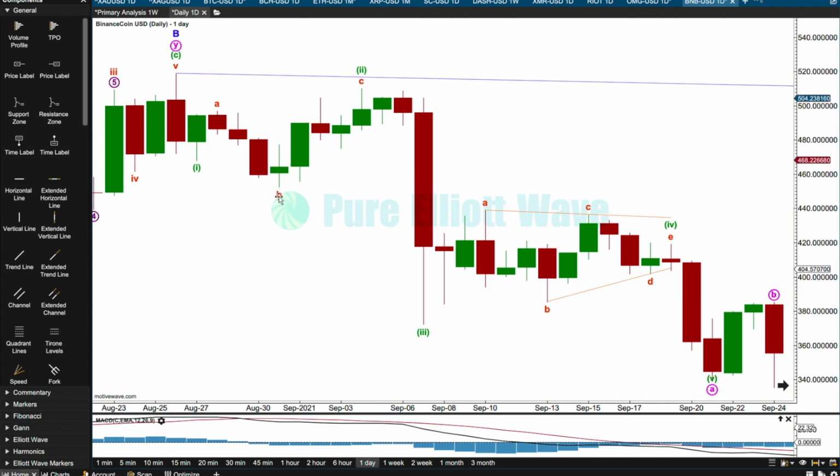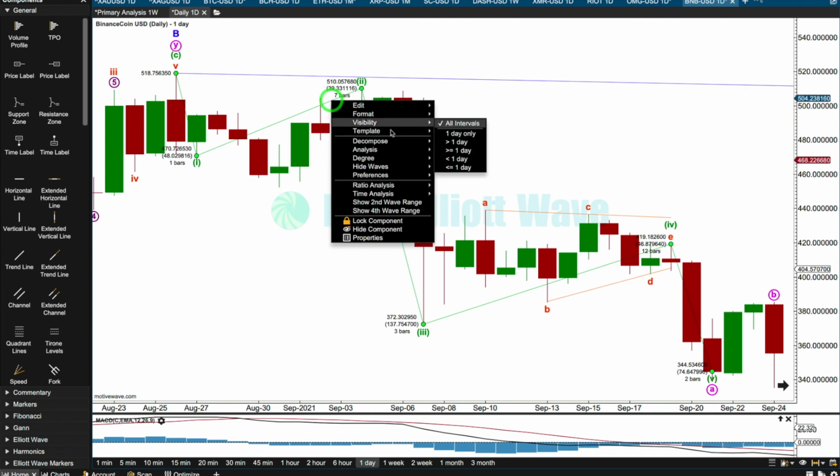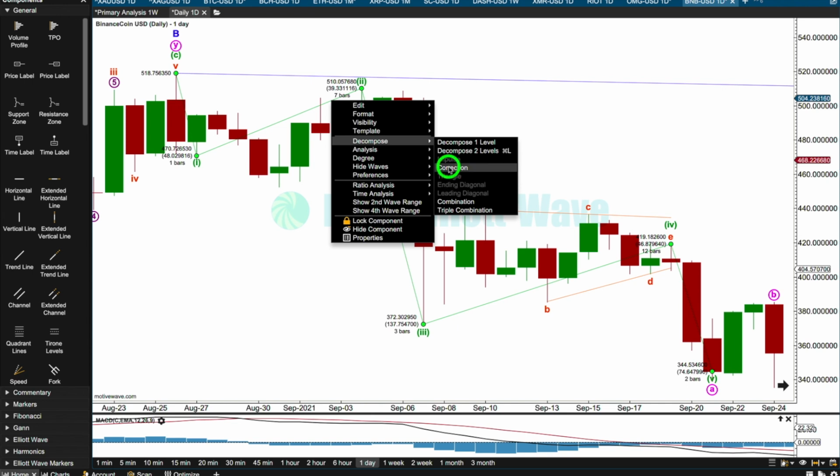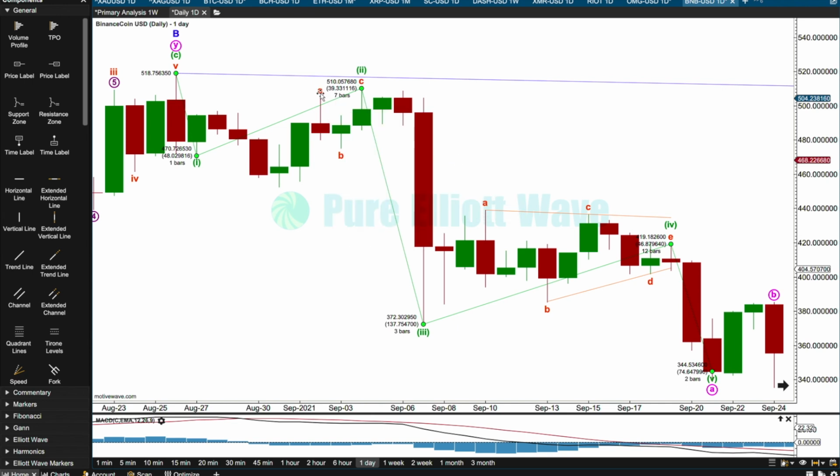I think I'm going to have one down here, and no, I don't want to put that there. I want to put that there. And this has to be here. Okay, I'm going to label this an expanded flat. Oh, hang on.